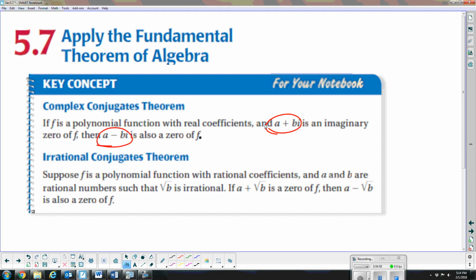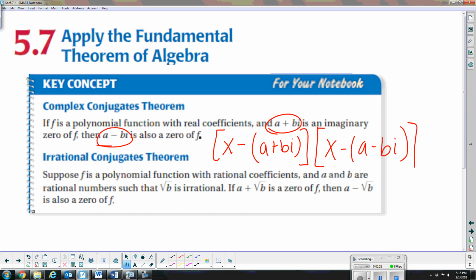So if you think of how you find your zeros, if you factored, your factors would be x minus (a plus bi), and you would have another factor of x minus (a minus bi). So those would be your factors. If a plus bi is a 0, then a minus bi is also a 0.